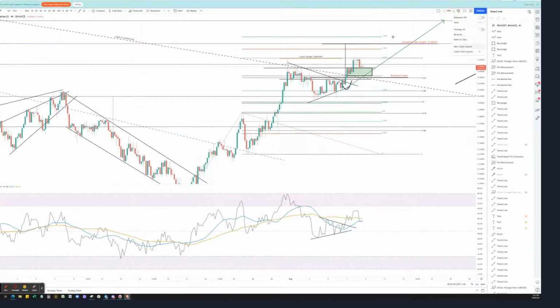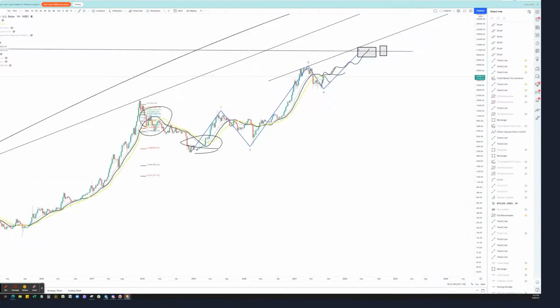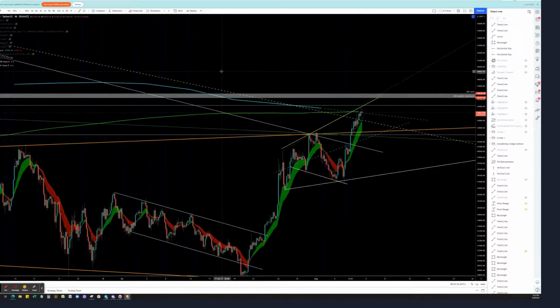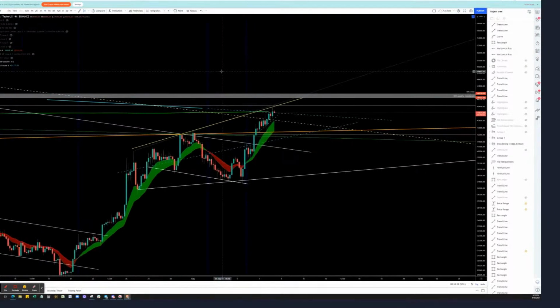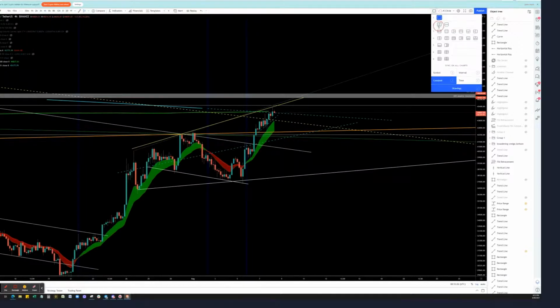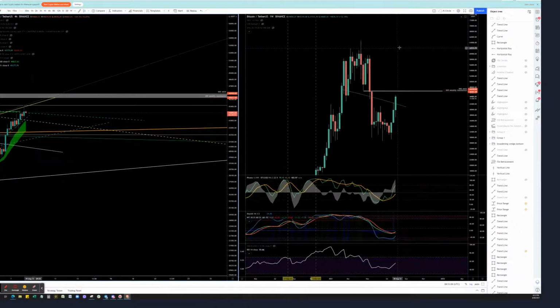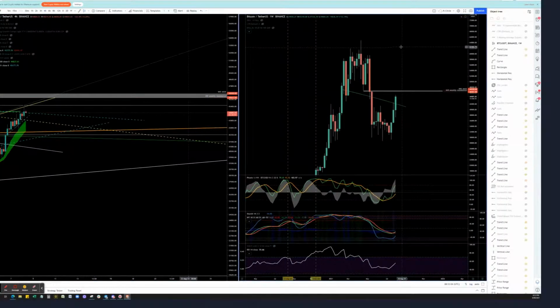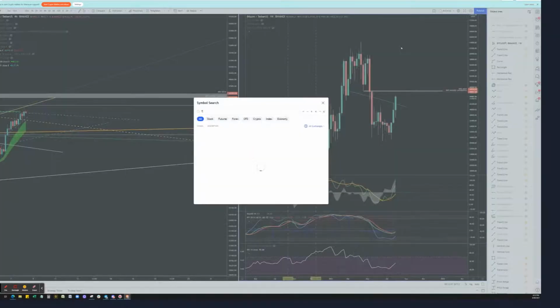Let's look at, actually, here we go. Where is it? That one there. Okay, so that's the 4 hour. We're getting a red candle, right? Let's split this. Total market cap.